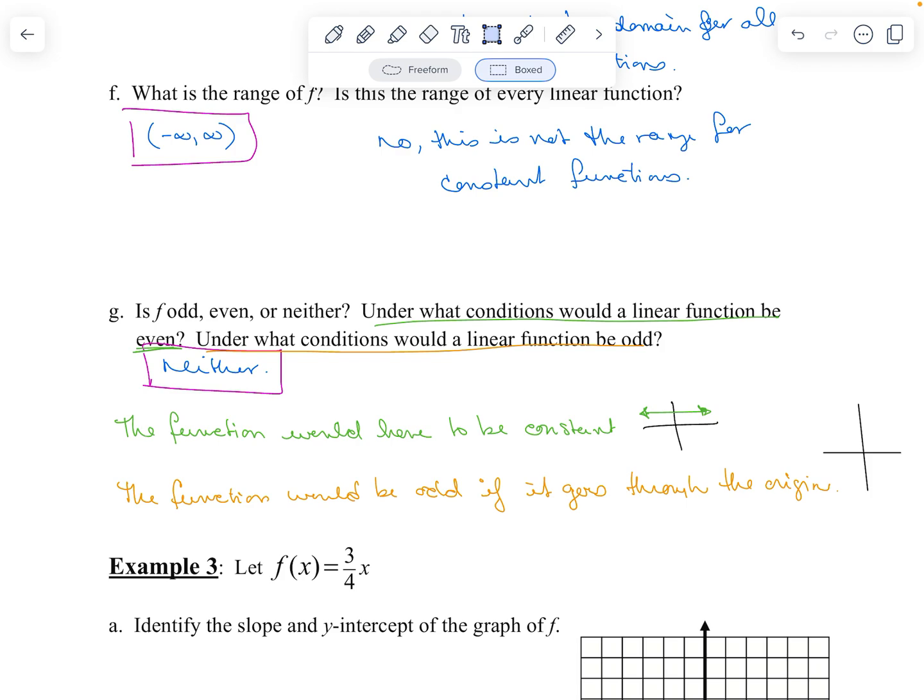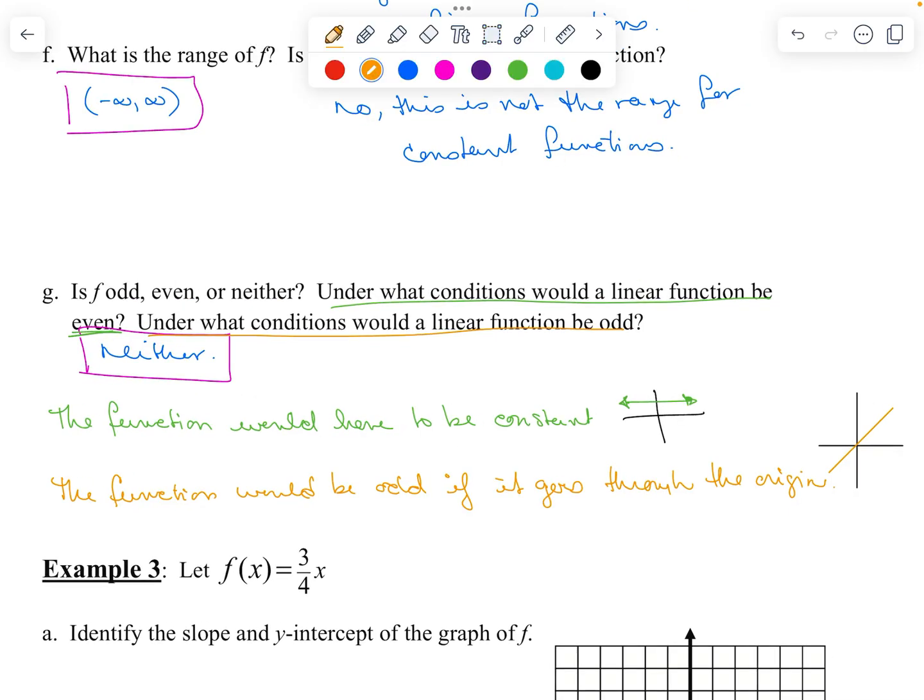Imagine this actually went through the origin. There we go. So it goes to the origin just like that. It doesn't matter if it goes through it upward or downward, so increasing or decreasing. Okay. As long as it goes through the origin.